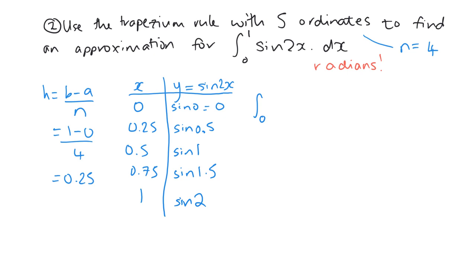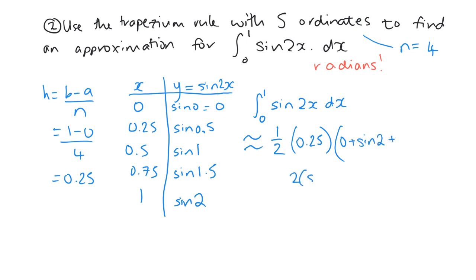So now when we integrate or find our approximation using the trapezium rule, it's a half times h, which is 0.25. The first y value is naught. The last one is sine 2, plus 2 times all the ones in the middle. So sine 0.5 plus sine 1 plus sine 1.5.